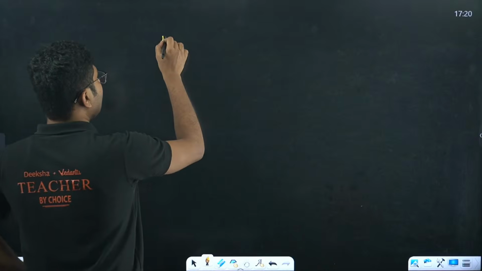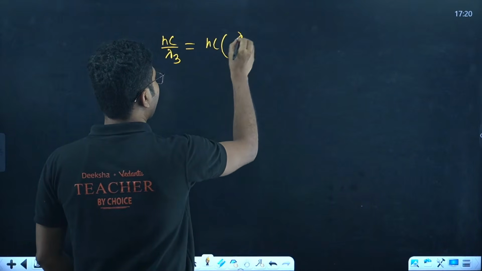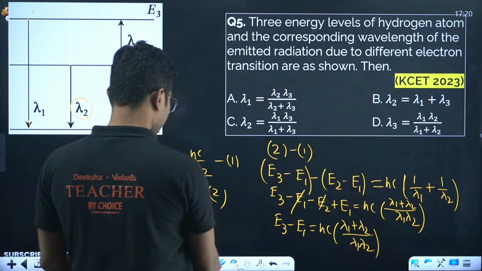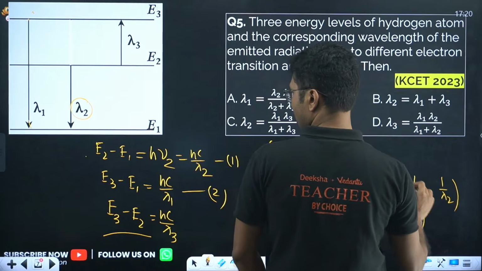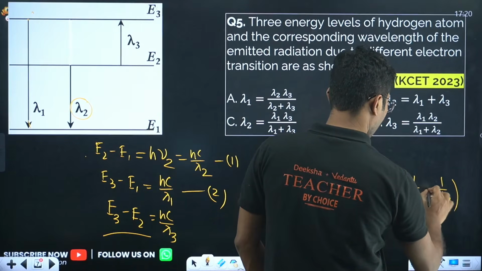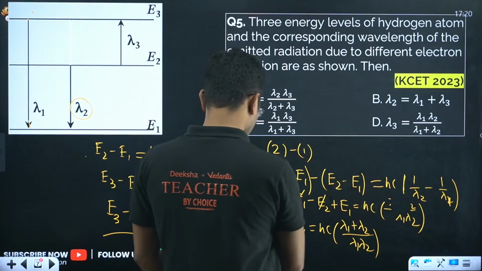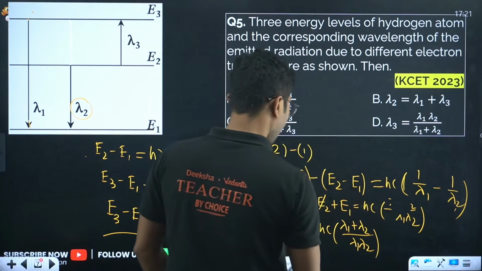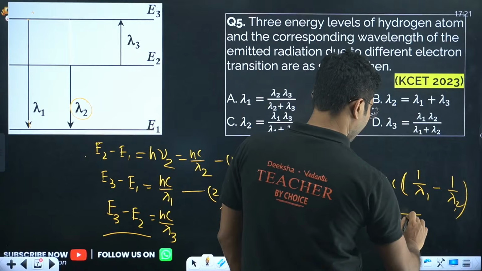So you get hc by lambda 3 equals to hc, and this one will be minus, lambda 1 minus lambda 2, sorry. 1 by lambda 1 minus 1 by lambda 2.